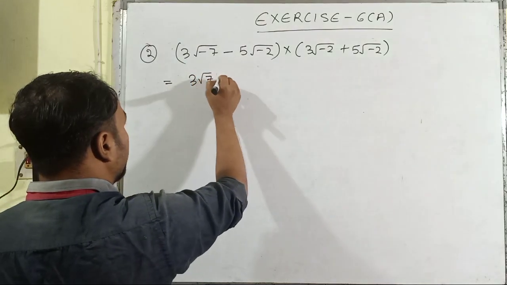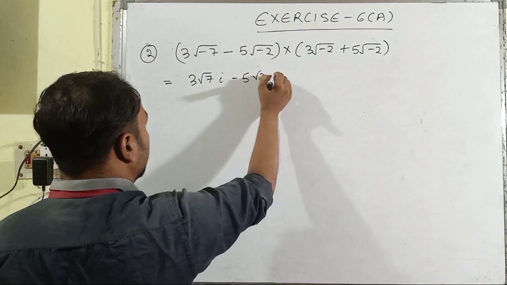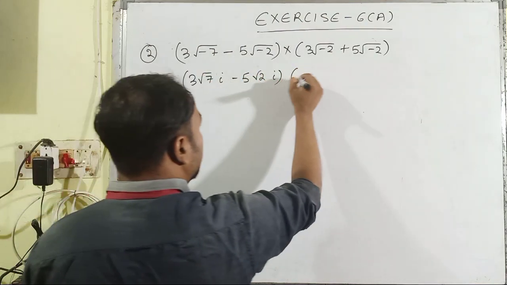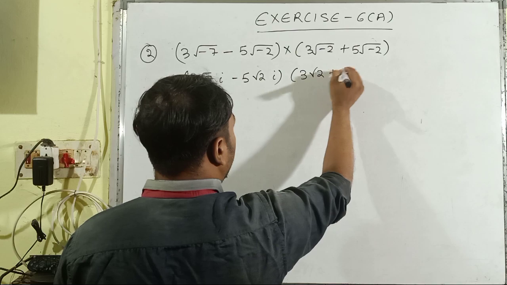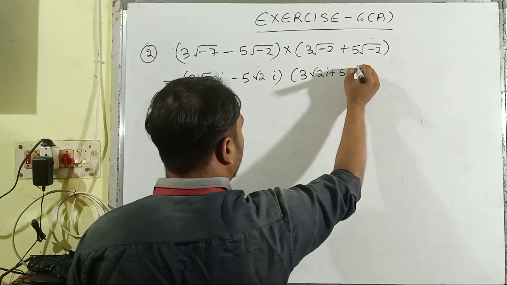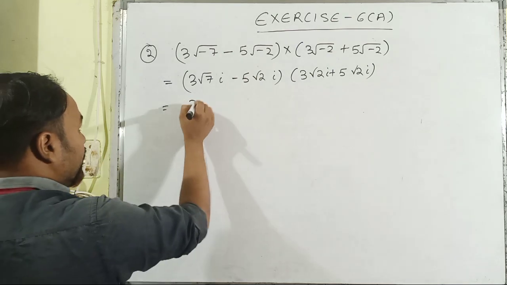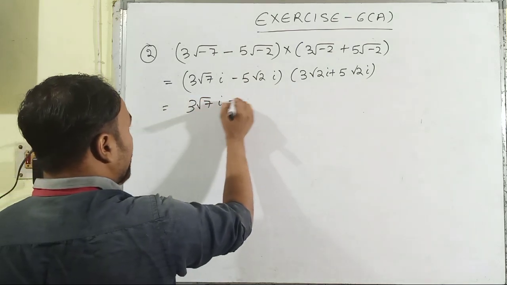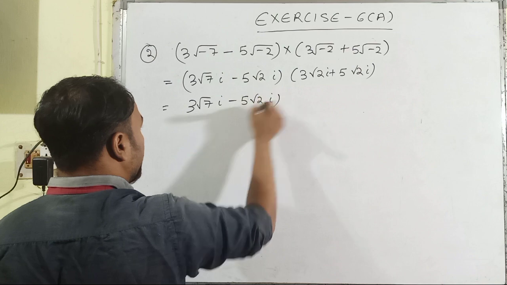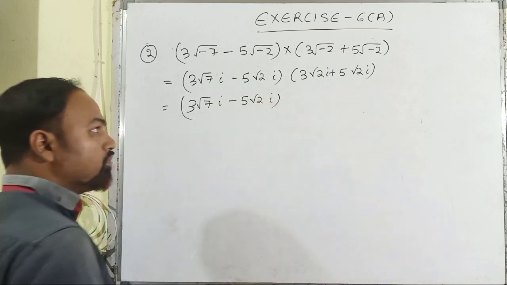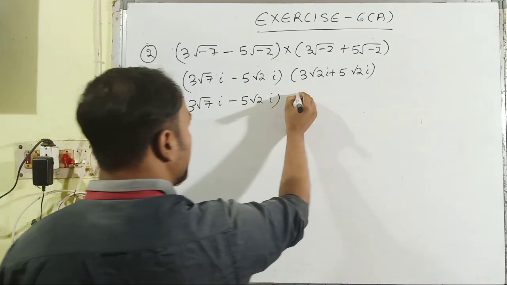This is 3 root 7i minus 5 root 2i. Then it is 3 root 2i plus 5 root 2i, that means it is 8 root 2i.